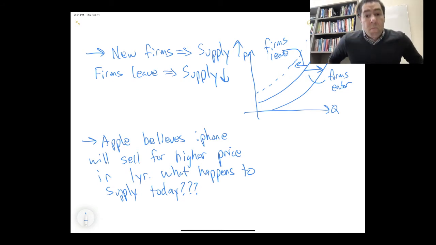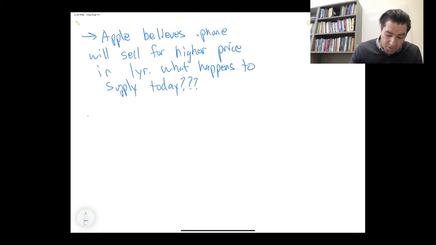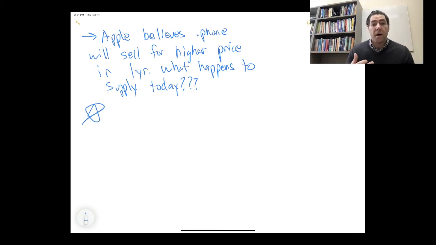Okay, well, when would you rather sell the good? Would you rather sell it at a higher price or a lower price? Personally, all else the same, I would prefer as a seller to sell it at the higher price. So what we need to remember here, and this one is not so much affecting the marginal cost per se, it's just affecting the marginal revenue today versus tomorrow.